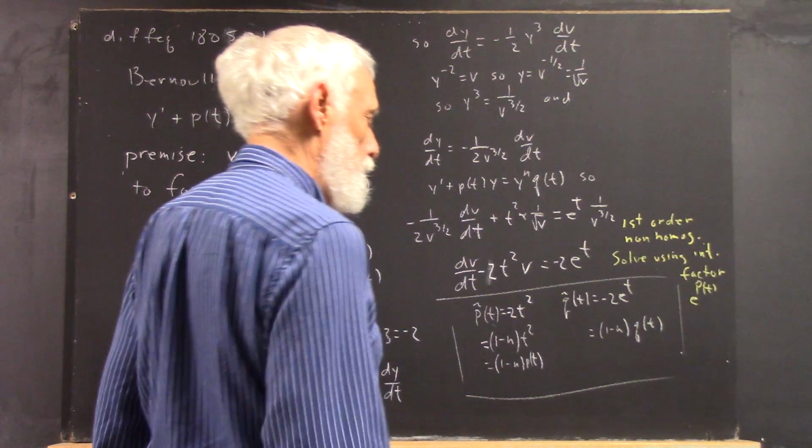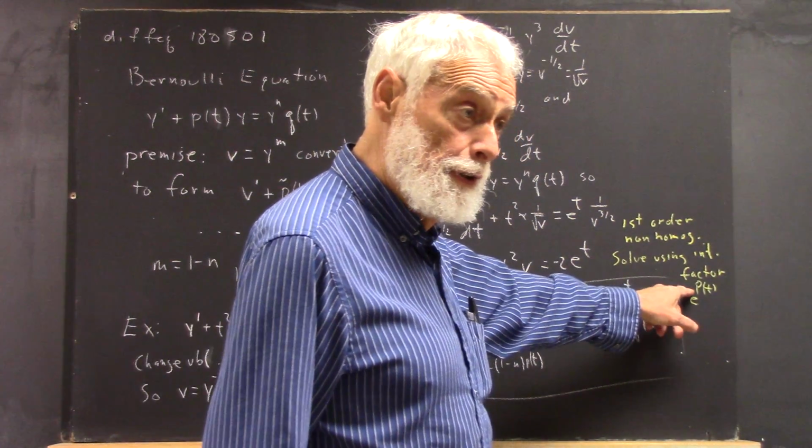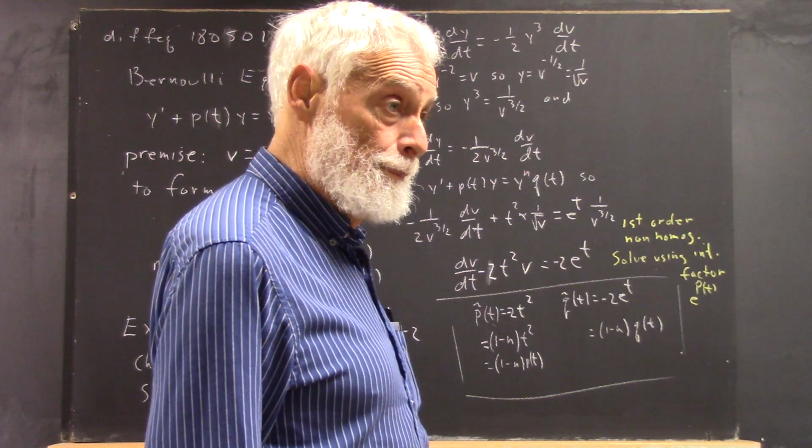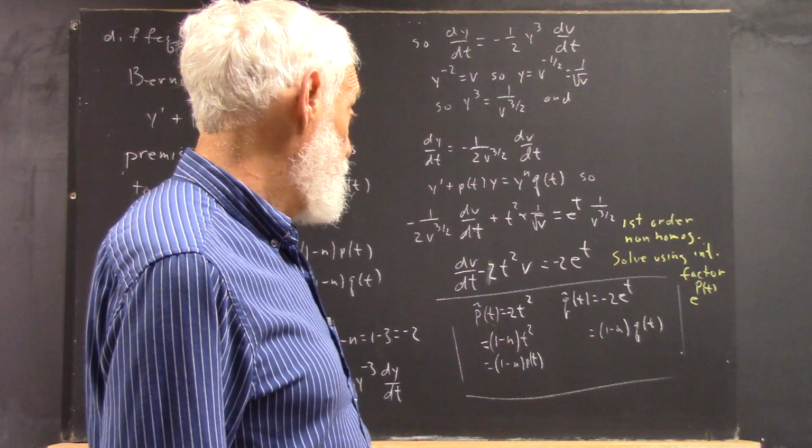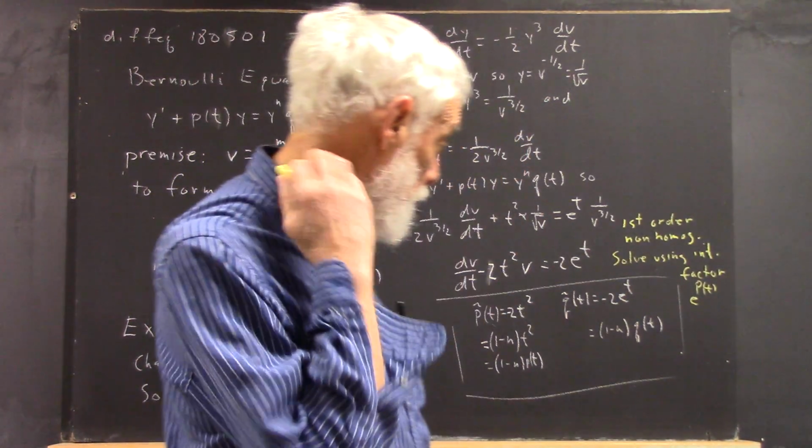And you use the integrating factor e to the capital T of t. Okay? So we'll go ahead and do that, but that's just a reminder of the terminology and the solution, okay?